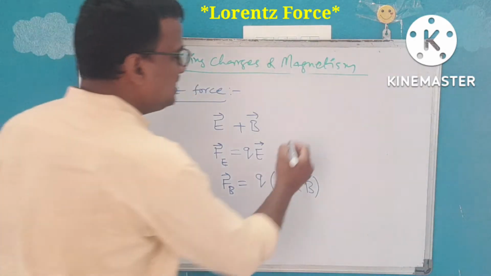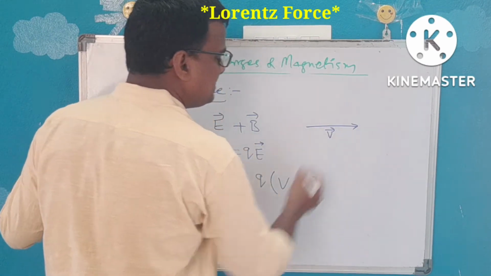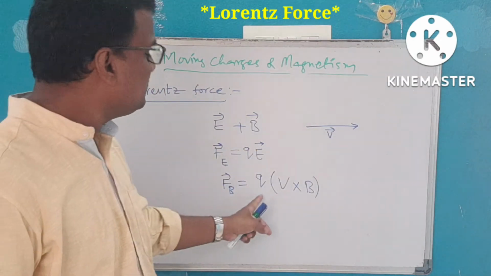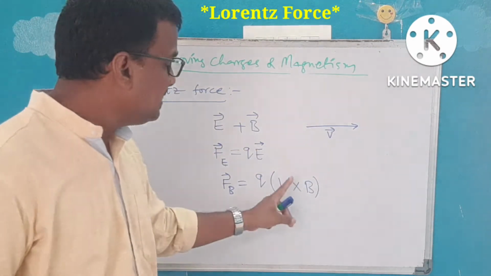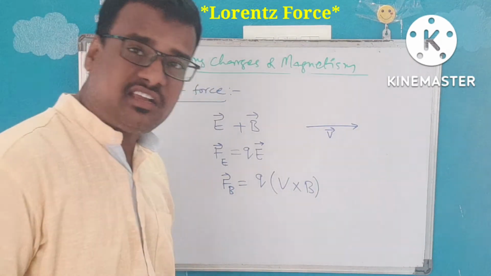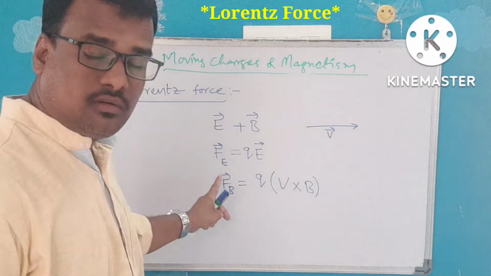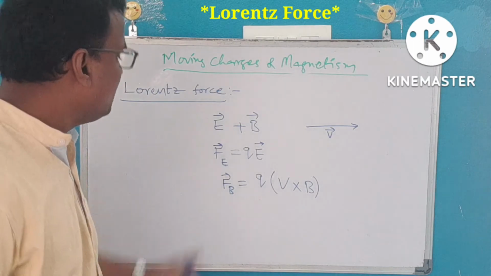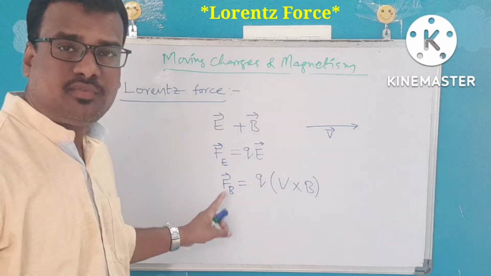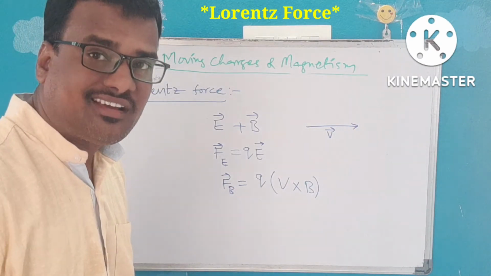If the charge is moving with some velocity V, then the cross product of the velocity and the magnetic field, multiplied by the charge, is called the magnetic force. So the magnetic force F suffix B is equal to Q V cross B.